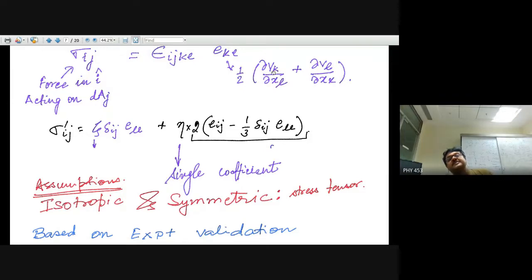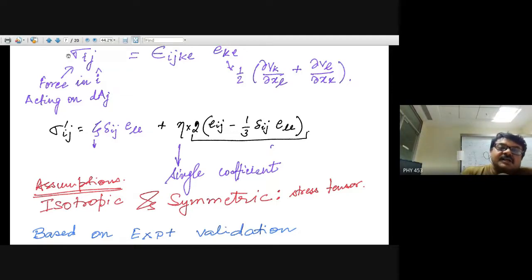So deformations, or the gradient of deformations along particular directions, can in general cause stresses in any arbitrary stress component in any arbitrary direction.